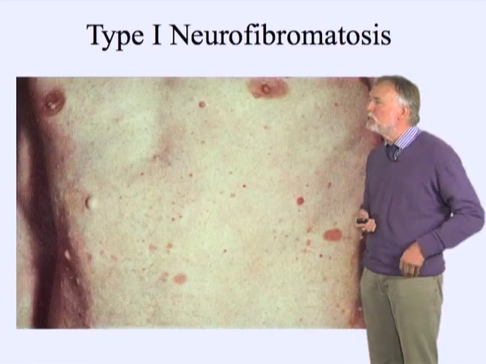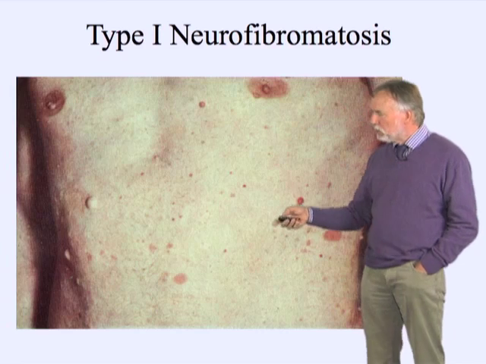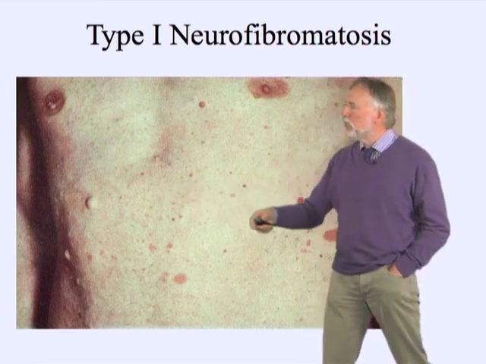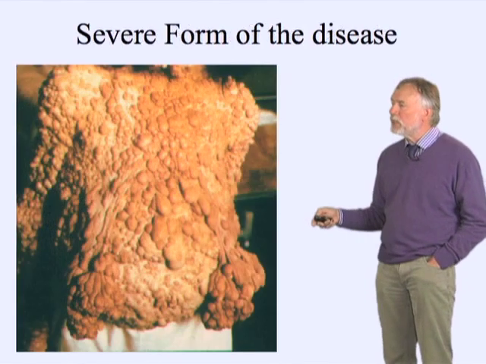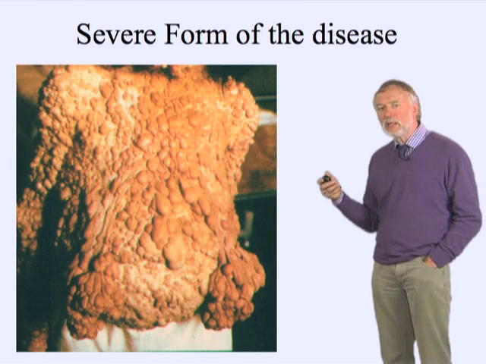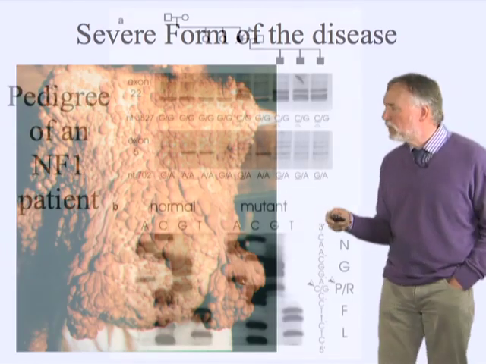And there is a disease called type 1 neurofibromatosis, where people have café au lait spots on the skin, sometimes small tumors on the skin, which can sometimes be rather large and very disfiguring, which are caused by mutation or deletion of the neurofibromatosis gene.